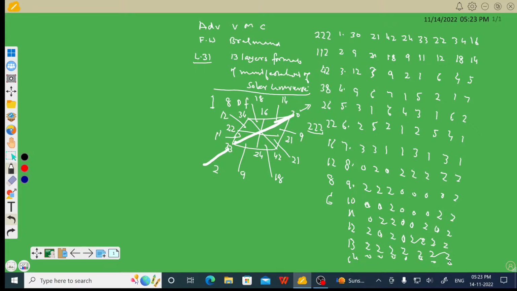This manifestation is the complete manifestation of our solar universe. See the beauty. It is that we are having Sun, Surya, and Surya is the formulation which is of TC value 13.